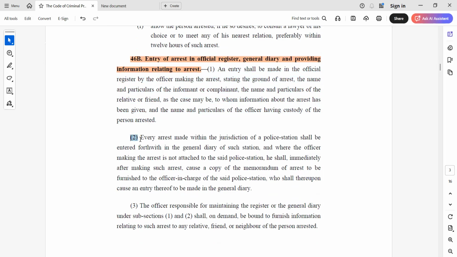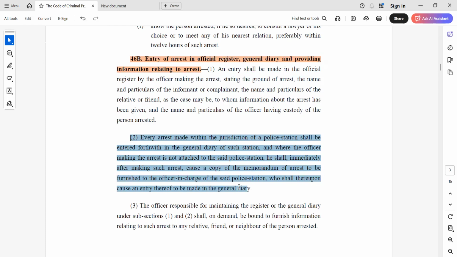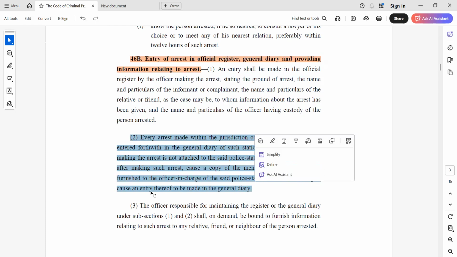Subsection 2: every arrest made within the jurisdiction of a police station shall be entered forthwith in the general diary of such station, and where the officer making the arrest is not attached to the said police station, he shall immediately after making such arrest cause a copy of the memorandum of arrest to be furnished to the officer in charge of the said police station, who shall thereupon cause an entry thereof to be made in the general diary.